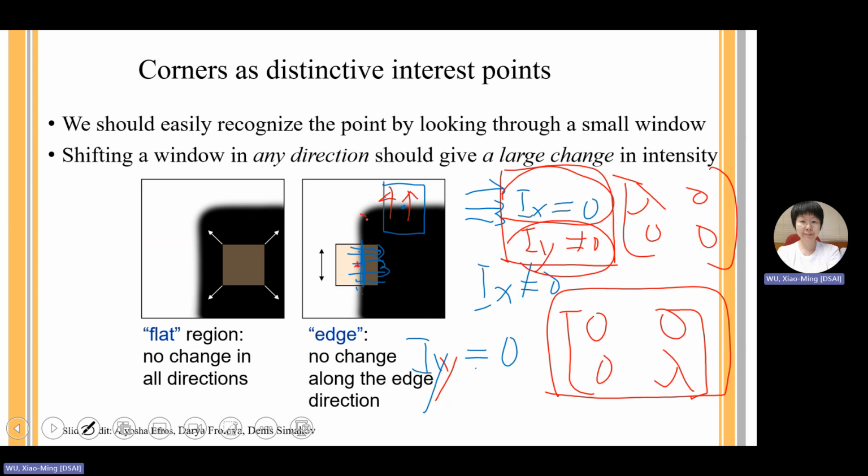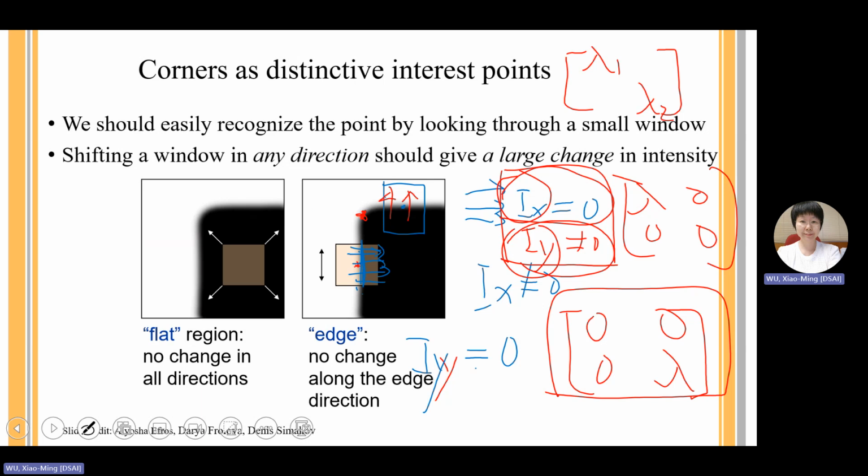For corner pixels, because some Ix and some Iy are non-zero, the two diagonal terms are non-zero.